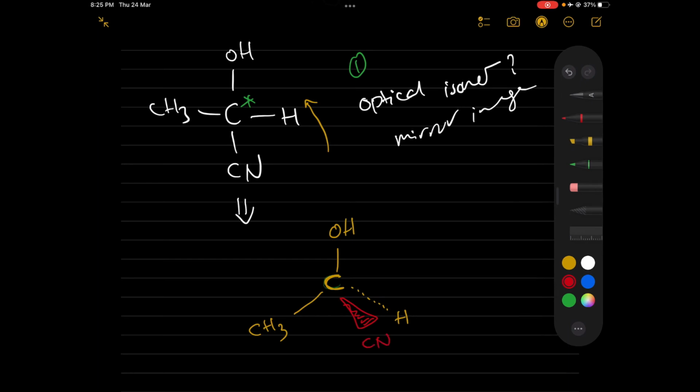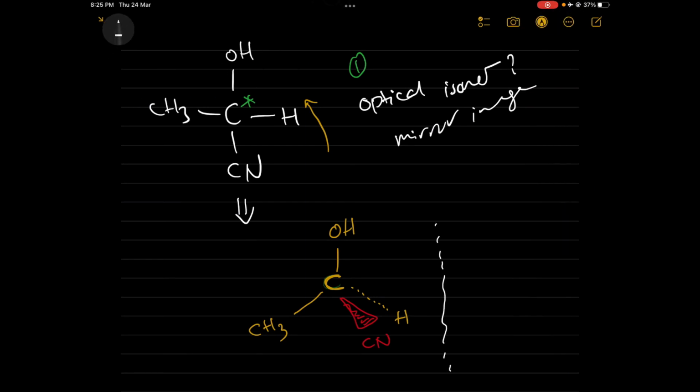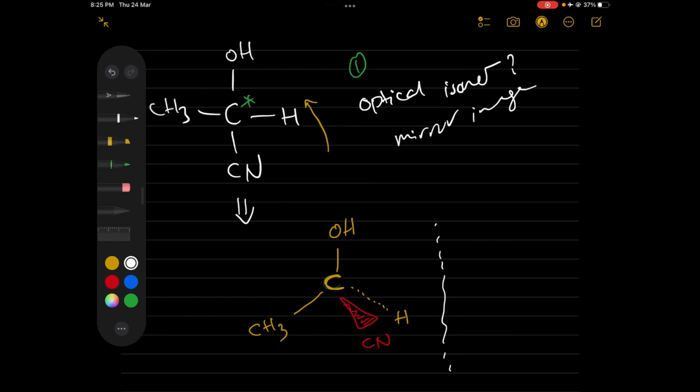And now it's time to draw the mirror image of this one here. You draw like this, and I'm going to show you how to draw the 3-dimensional structure of this compound. So we draw C, all right? We draw the stick. I just want to use the pen color in here. We have this stick, and we have OH, as we can see.